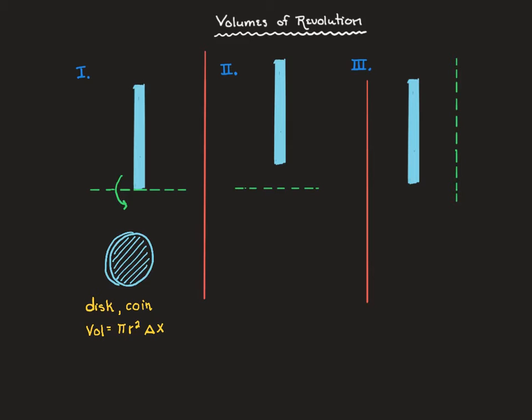Now, in this next example, if we rotate this rectangle around that line, what we're going to get is a disc with a hole in it. So it's kind of like an annulus. It has a little bit of thickness, just like in our last case.